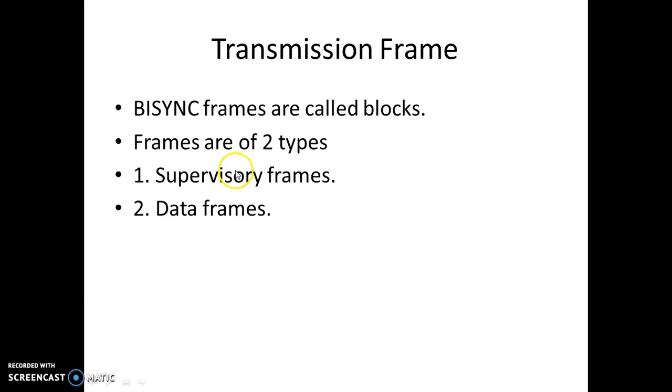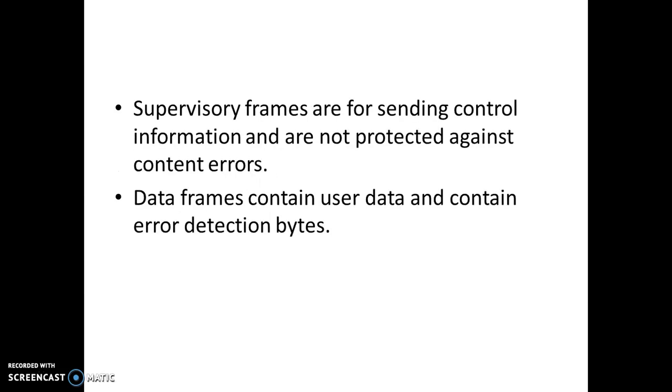So supervisory frames are used for sending control information, and the important point to stress is they are not protected against content errors. Okay, and the second is the data frame. The data frame contains user data and already contains error detection bytes. Okay, this we have already discussed.